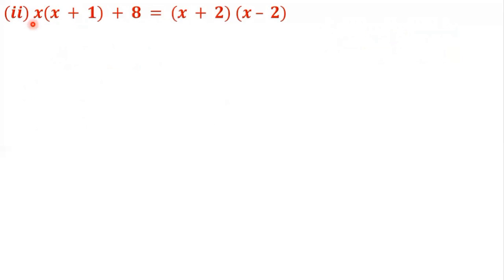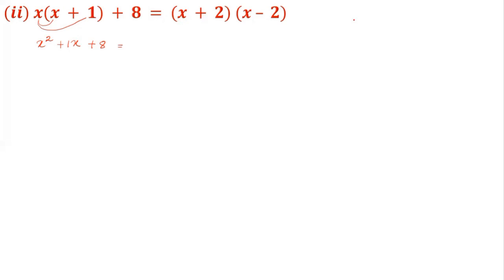Now, see one more example. x into x plus 1 plus 8 is equal to x plus 2 into x minus 2. Now, multiply x and x plus 1. x into x is x square plus 1x plus 8 is equal to x plus 2 into x minus 2.